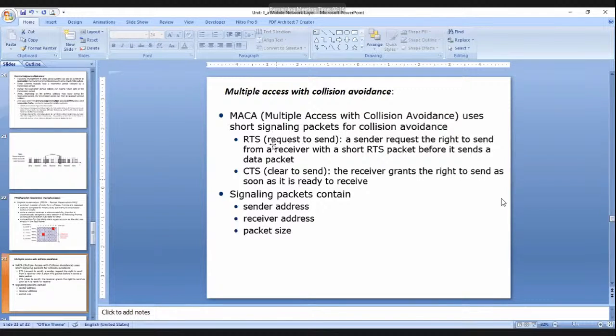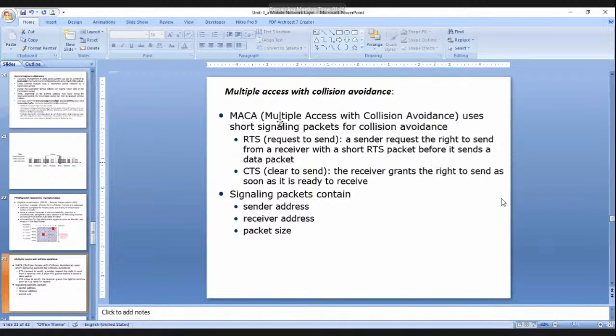When you want to send some data to an end user, you need to send an RTS packet first, before sending the actual data. In computer networks, you have already seen multiple access collision avoidance as well.